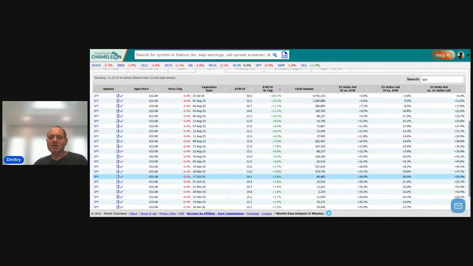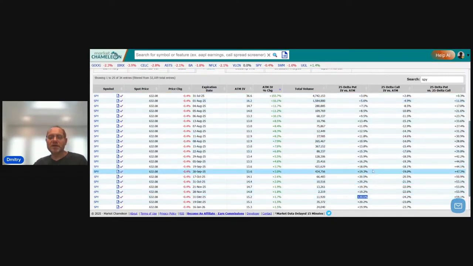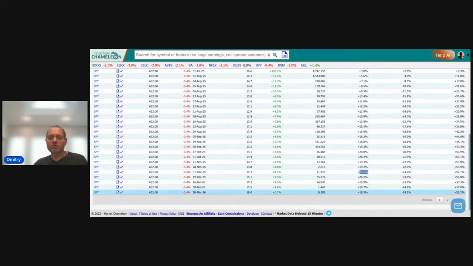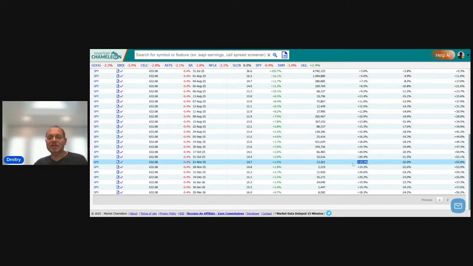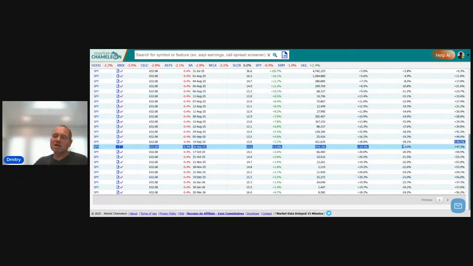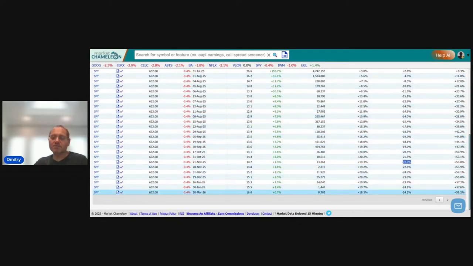And here we could see that even just looking at the downside puts, as we go out, the skew gets steeper and kind of levels off over here around a 20% increase in the implied volatility to the 25 delta put. To the upside, we could see that the implied volatility decreases at a higher rate as we go out further and further in time. Okay.